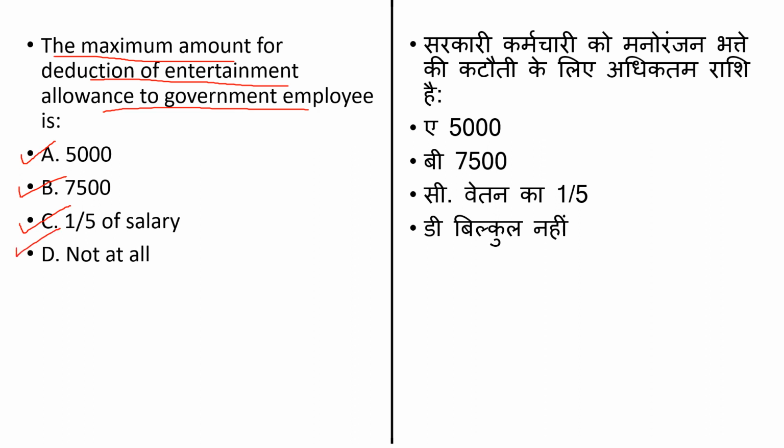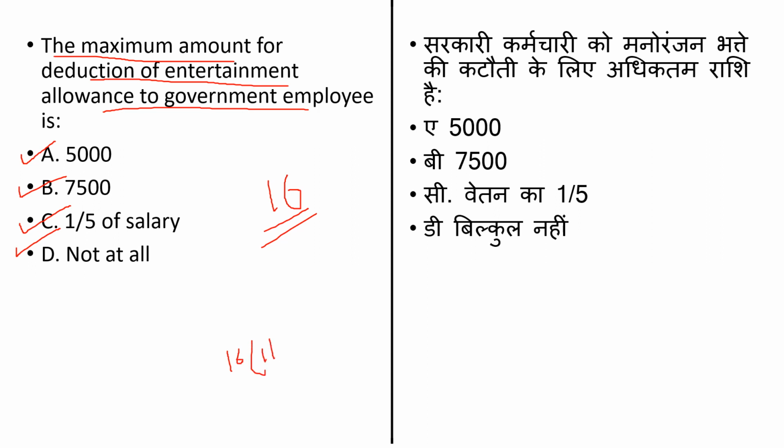Section 16 of the Income Tax Act 1961 provides deductions from income chargeable to tax under the head salary. It provides a deduction for the standard deduction, entertainment allowance and professional tax. Please remember the section, that is section 16. Government employees are allowed to claim the exemption on entertainment allowance as per section 16 clause 2.